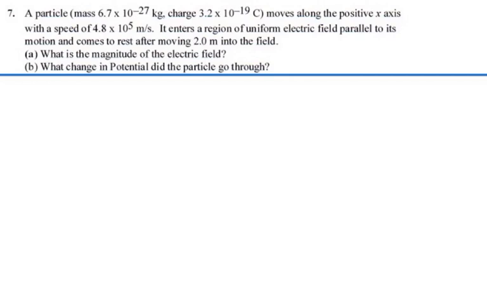Well, if we're looking at this particle of 6.7 times 10 to the minus 27 kilograms, that is 4 times the mass of a proton, which is 1.67 times 10 to the minus 27 kilograms. So we're looking at a unique particle that really has 4 unit masses, and its charge is twice that of the positive proton.